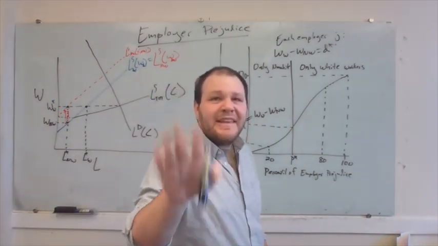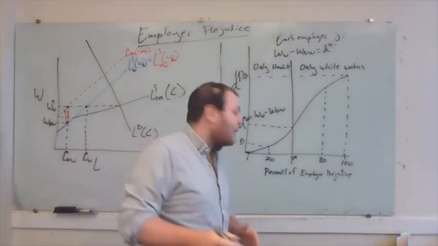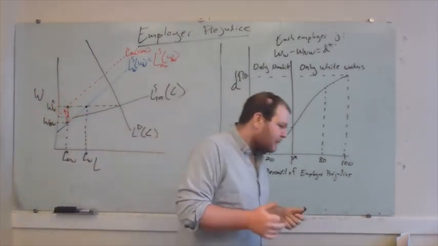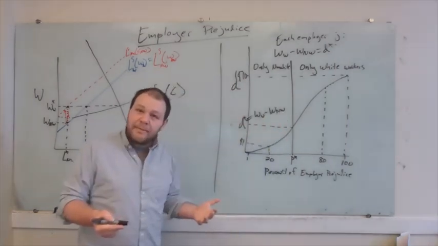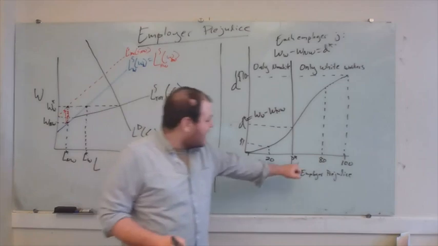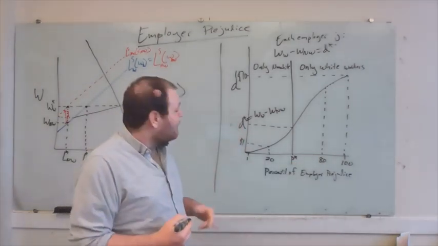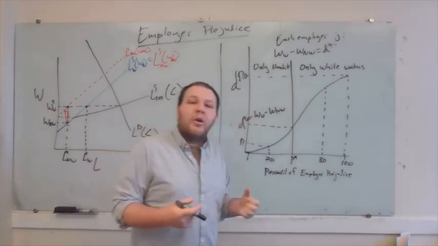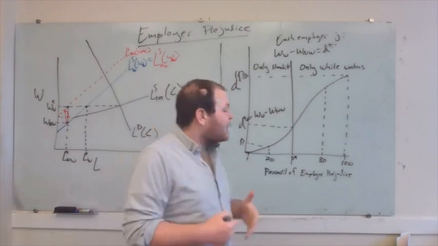So let's imagine, to keep things simple, that every single person in the economy is going to work. We're not going to worry about this story where at lower wages fewer people are employed. If 50% of workers in a particular city were black, then we would expect that the wage gap between white and non-white workers would be set by the 50th percentile of discrimination, the employer who is more prejudiced than half of available employers, less prejudiced than the other half.